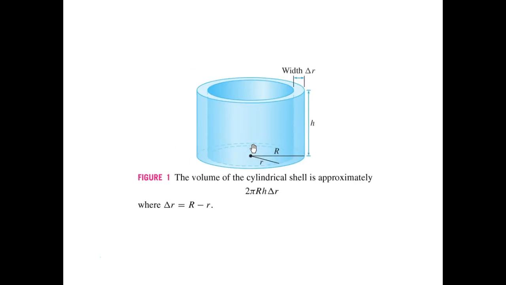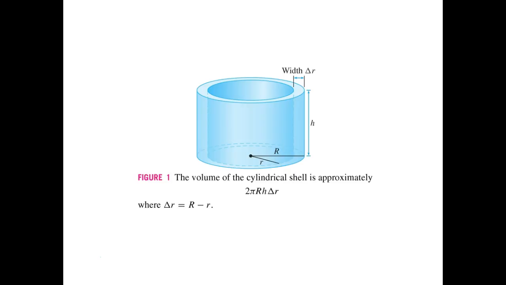Now, here's what we were talking about. If you have this shell here, we'll show why they're talking about the shell. It has an axis here that goes through this point. Now, your outer radius is what they call capital R. The inner radius they call little r.